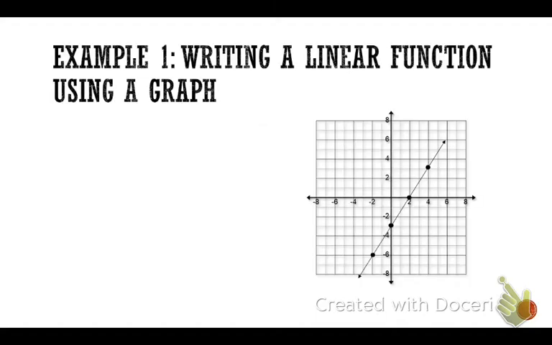So, what two things do I need to write an equation? I need my slope and my y-intercept. Can I get that from a graph? Yes, absolutely. My goal is to write it in y equals mx plus b form. So the first thing I want you to do is write the formula: y equals mx plus b.